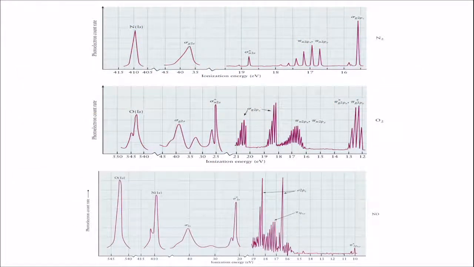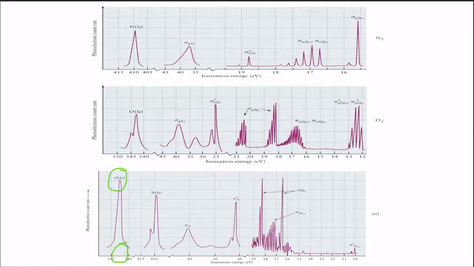What happens if we have a molecule like NO? Well, let's look carefully at this photoelectron spectrum. First, we see the 1s at around 545. And we notice that those electrons are not doing anything. Then we have the 1s from the nitrogen at 410.